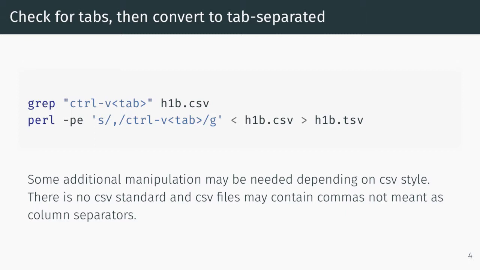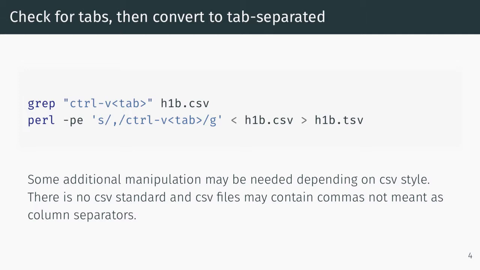I usually don't like CSV files because they're often badly formed. So I like to convert them into TSV files because I find that most files don't have tabs in them. This first command, grep tab h1b.csv, is intended to find out whether or not there are any tabs in the file.